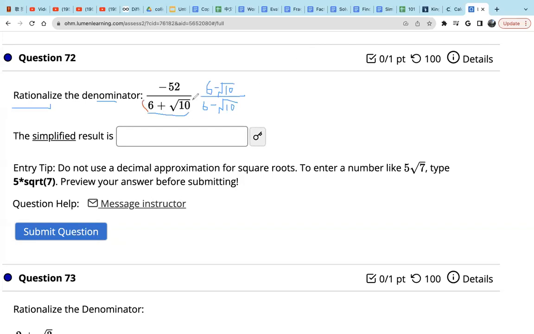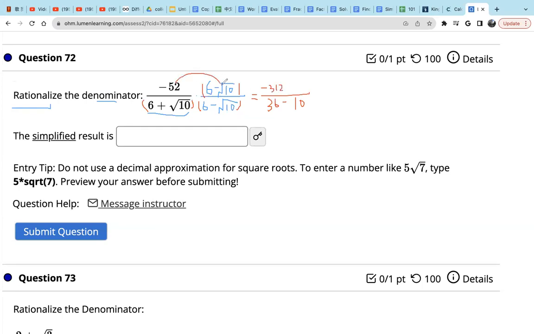So the bottom, we have a plus b times a minus b. So right away, we get a squared minus b squared. A squared is 6 squared, we get 36. Minus b squared is the square root of 10 squared, which is just 10. The numerator will have -52 times 6. That's -312.